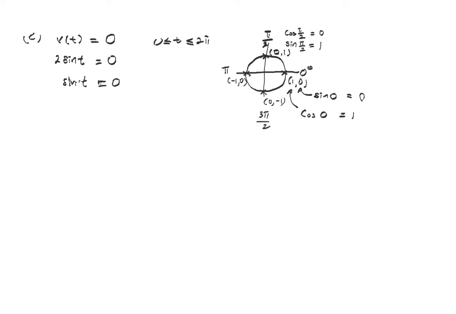Yep. So now, can you tell me what is the value of t? If you go another round, here will be 2 pi. Am I right? So it's 0, pi, and 2 pi, all right? So I draw the sign diagram.